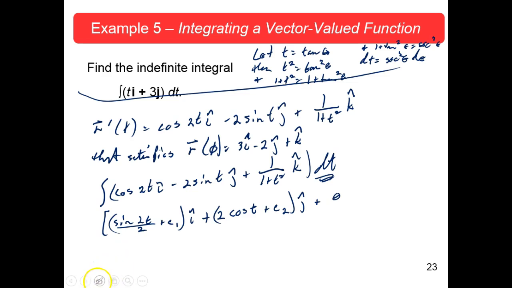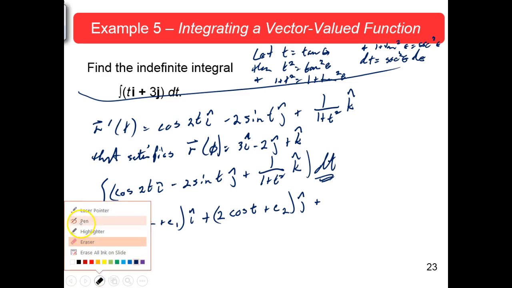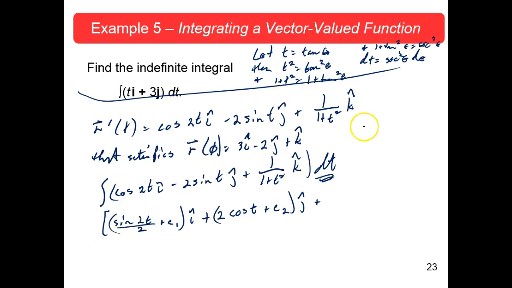No, I'm sorry. Let me back off a little bit. Let's actually do this. I'm going to rewrite this as the integral, and I probably should have to begin with, of 1 over 1 plus t squared dt, and that's going to be the k term, right? And we just did that.